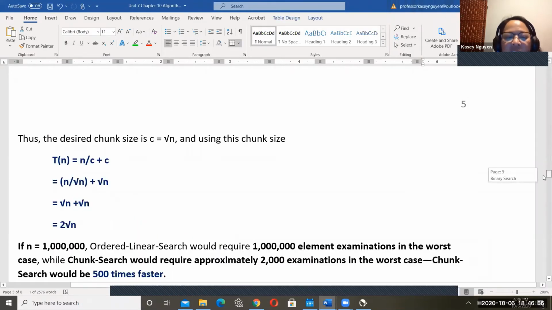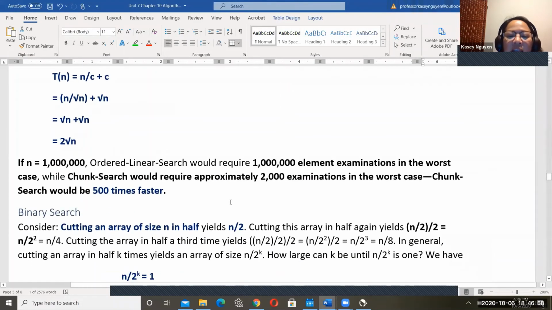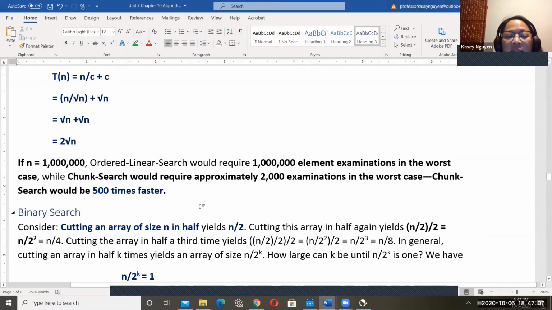You already saw chunk search, and this part right before binary search on page 5 is important. It says if there are 1,000,000 elements, an unordered linear search would require 1,000,000 element examinations in the worst case. With the jump or chunk search, it requires approximately 2,000 examinations in the worst case.